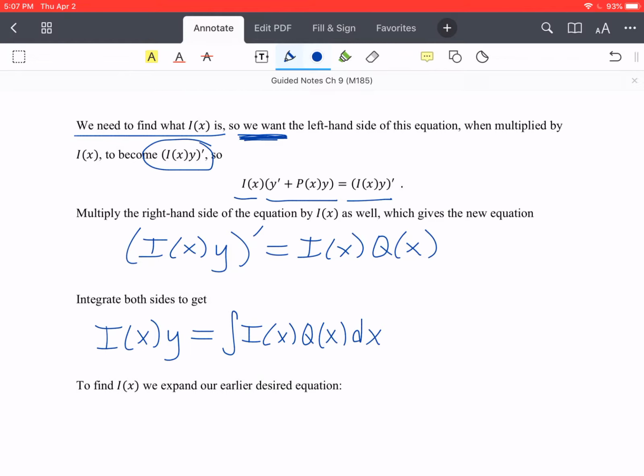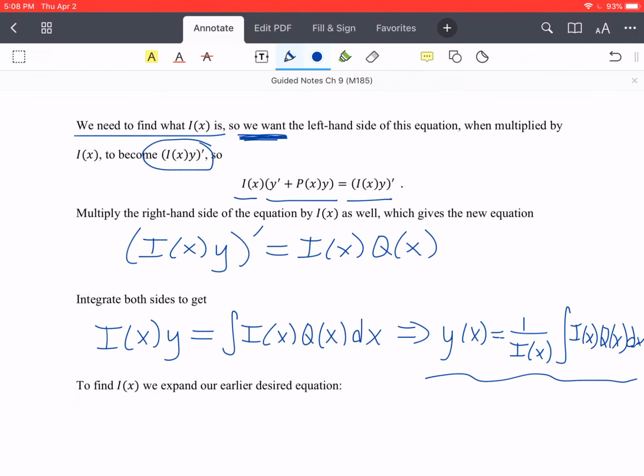So then we get y of x, I should say, as a function of x, equals 1 over I of x times the integral of I of x times q of x dx. Okay, so we would get that.